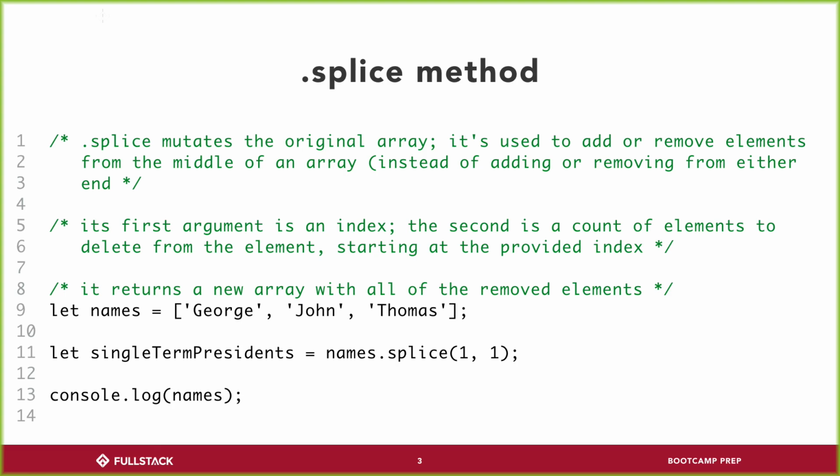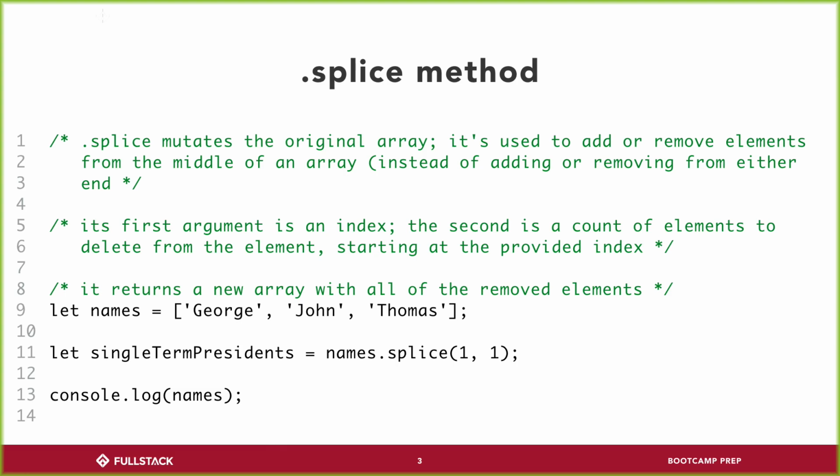But yes, it mutates the original array. That's why I tend to use it very infrequently, because it changes the original array, and sometimes that's going to cause confusing behavior.